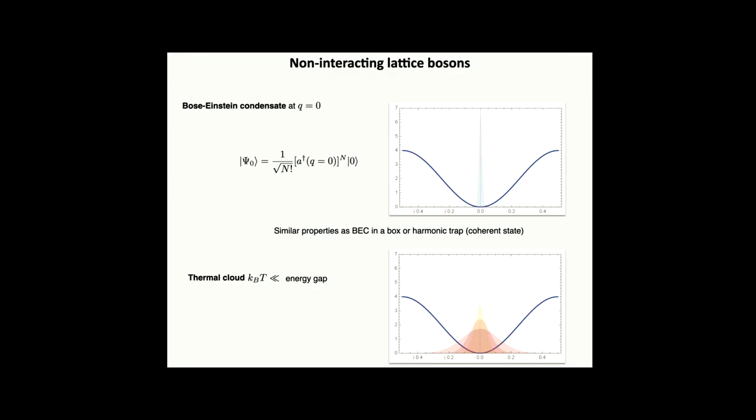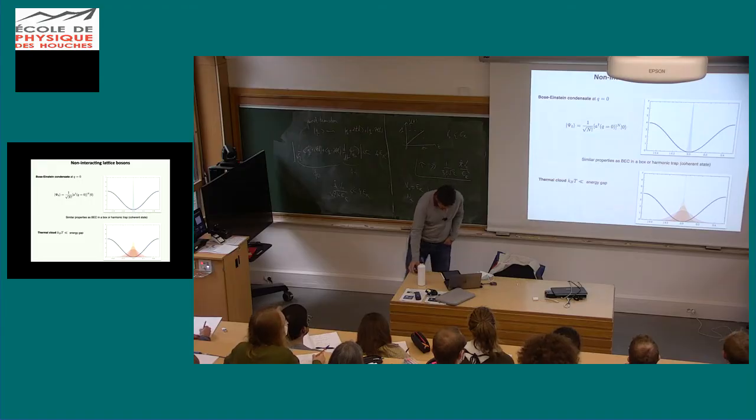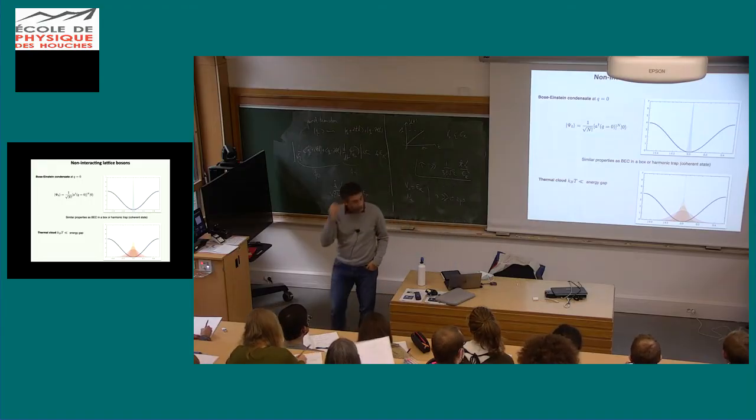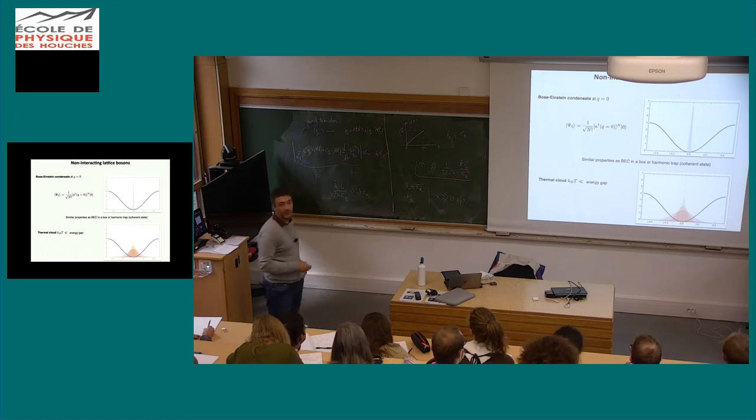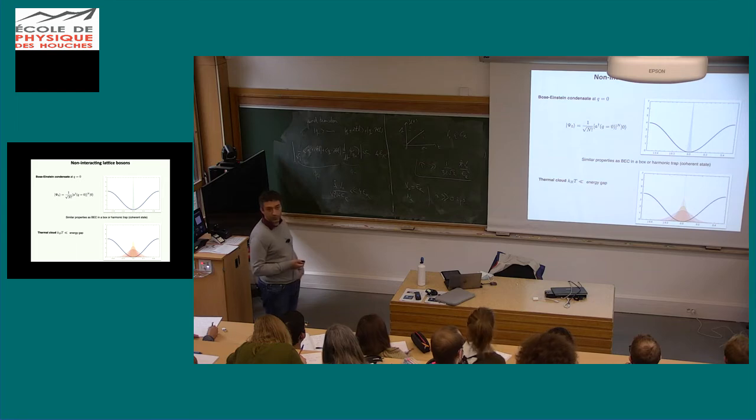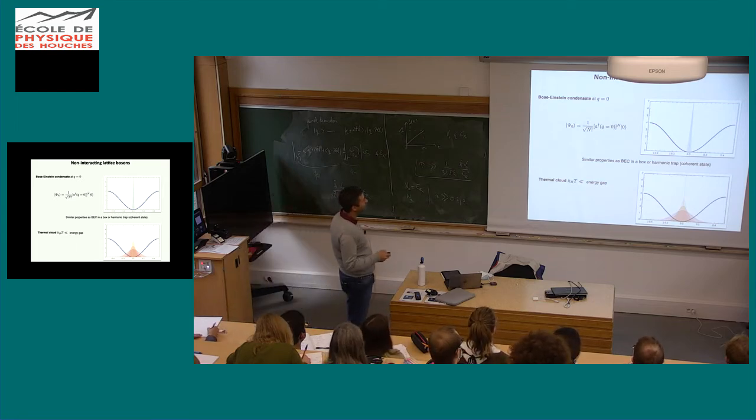Okay. So with that, I would like to briefly comment now about non-interacting bosons and fermions. You've heard about what a Bose-Einstein condensate is in a harmonic trap earlier this week. Well, you can put a BEC in an optical lattice. So this is the lowest energy band.